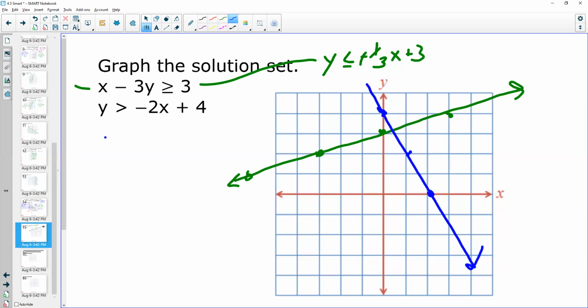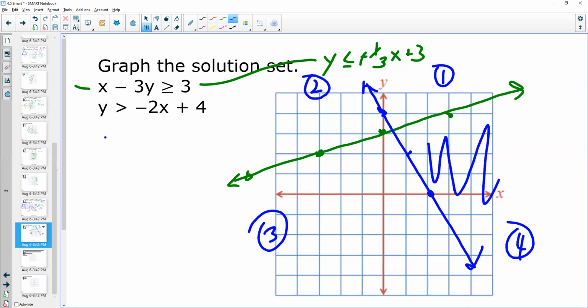Okay, now you have your 4 sections. 1, 2, 3, 4. Pick a point in each section of the x, test it. When you do, you should find that it is this section that the solution is in. Okay? All right, let's try another one.